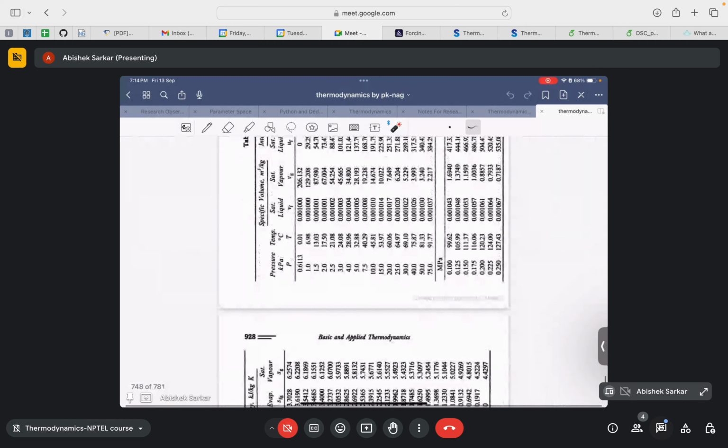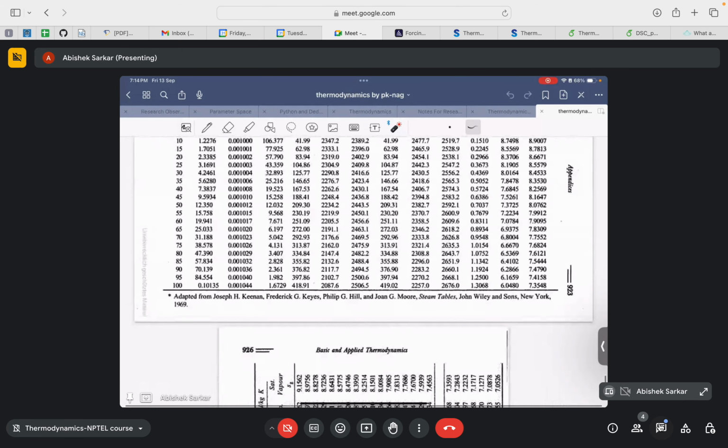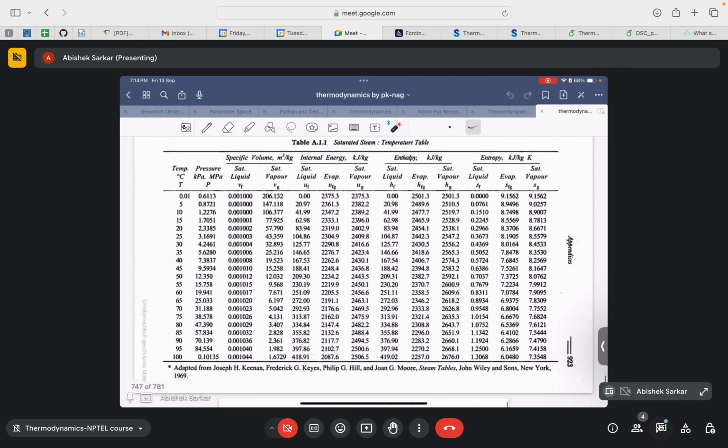Let me check whether it is given in this table or not. The highest temperature should be the critical state. Meanwhile, both of you can check in your steam tables as well. Let me verify whether it is mentioned here or not.